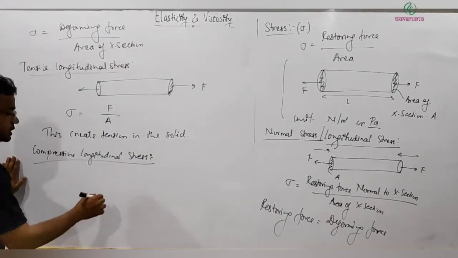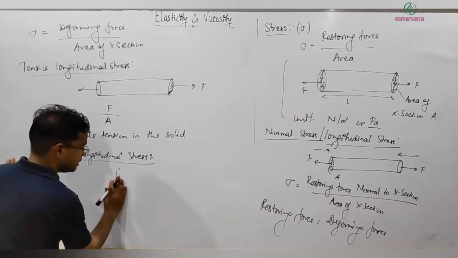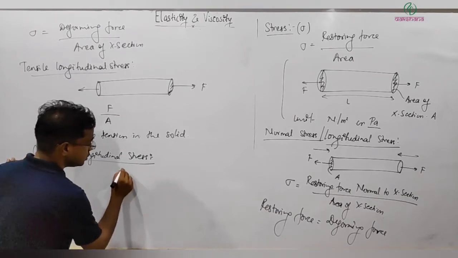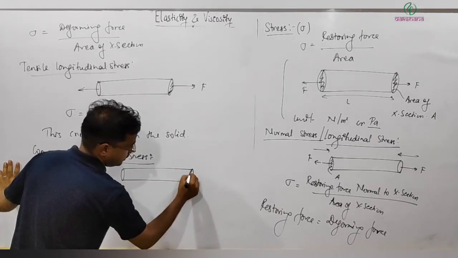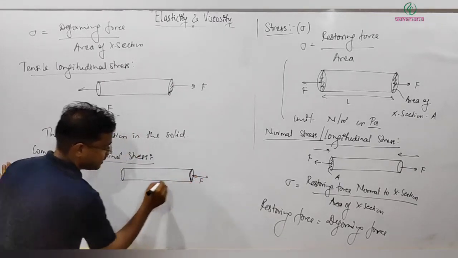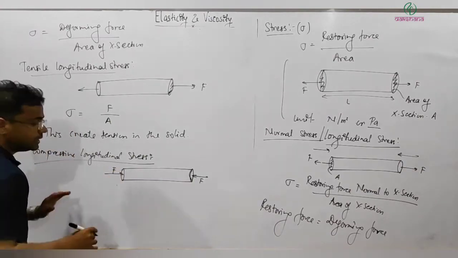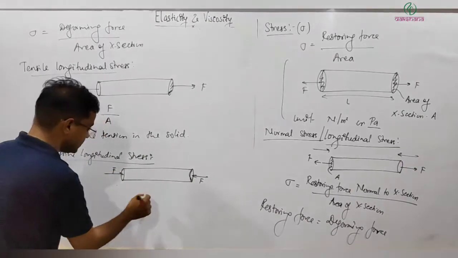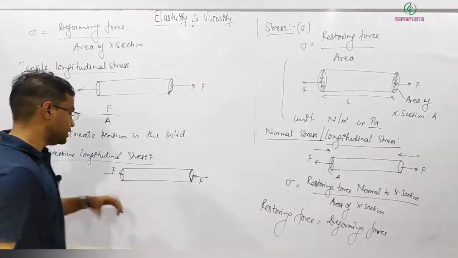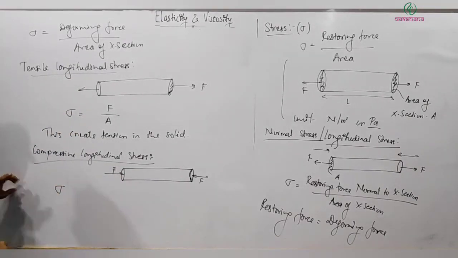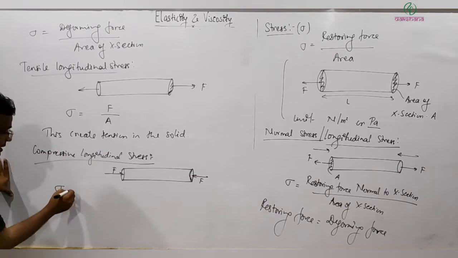So in this situation here, this is our solid material, right? And now in this situation force is applied in this manner. So it's trying to compress this, is it? So a compression effect is created in the solid. So here it will be compressive longitudinal stress.